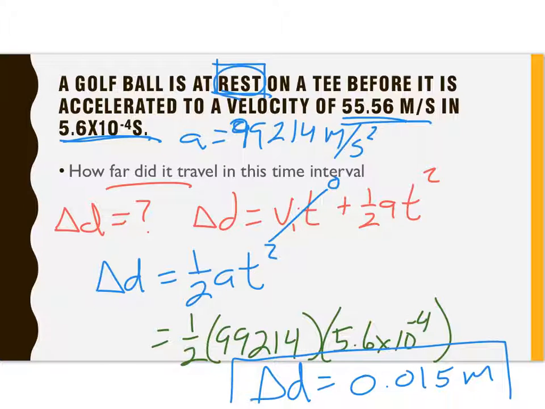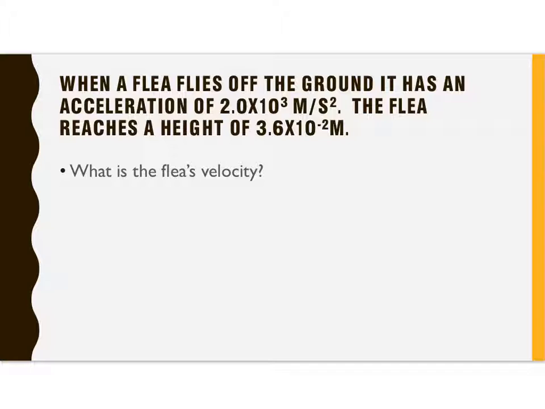Okay, so let's clear this and start with the next problem. So this problem, once again, we're going to write down all of our given information first. When a flea flies off the ground, it has an acceleration of 2.0 times 10 to the third meters per second squared.